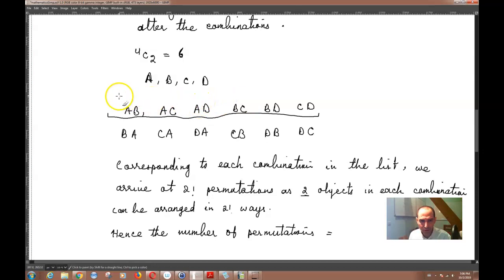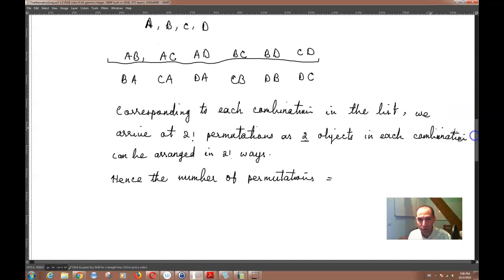Or we can think of this in a different way. These are all the permutations of these objects, right? So I can call the number of these objects over here 4 permutation 2.